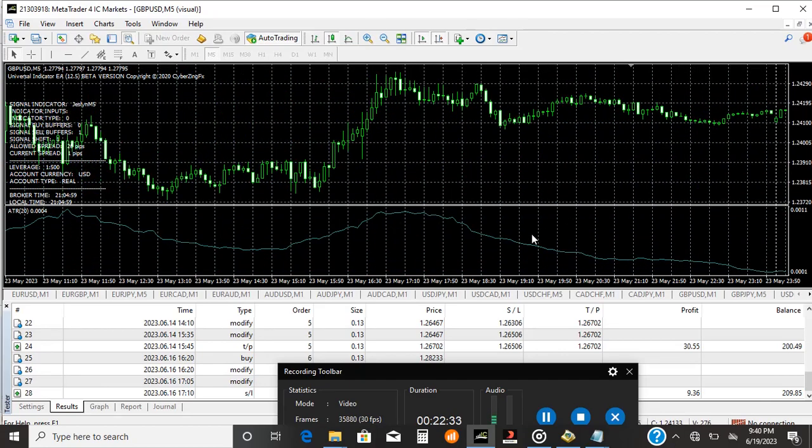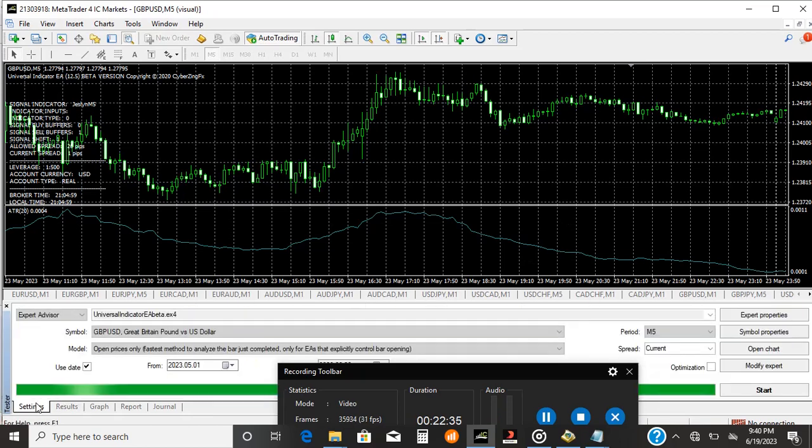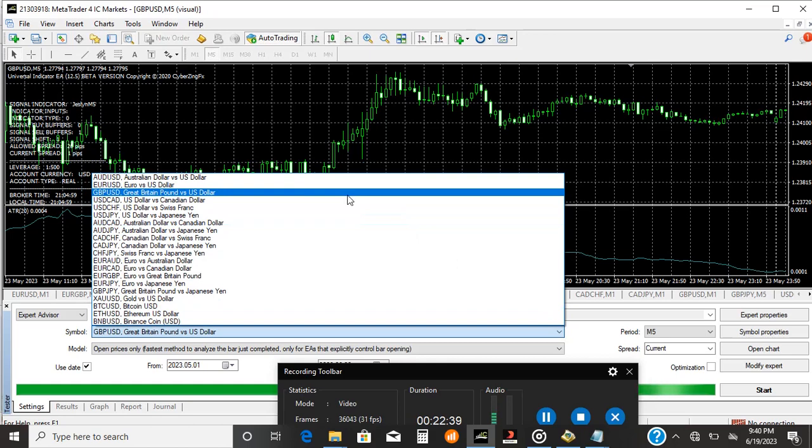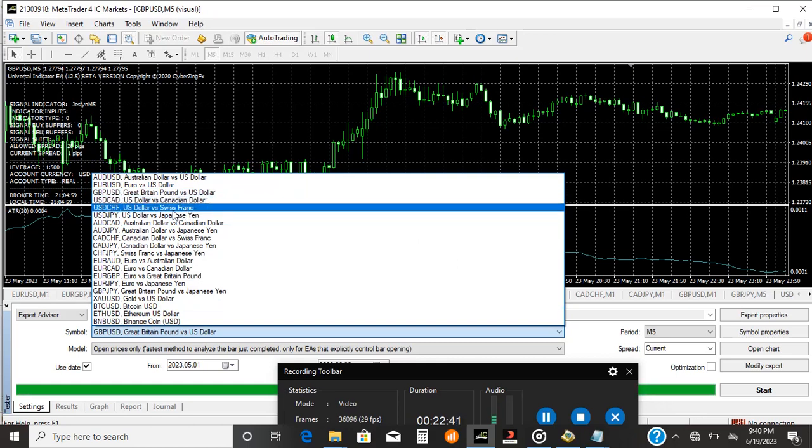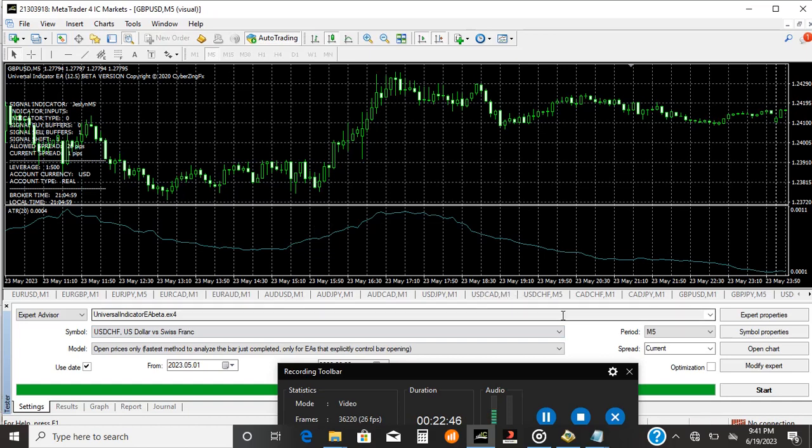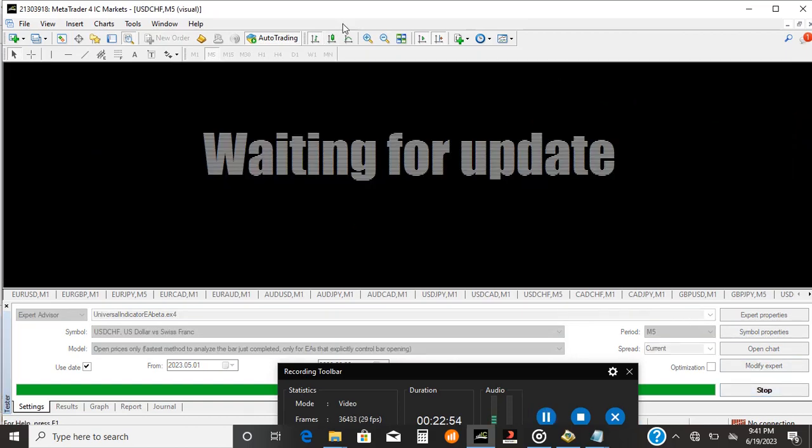Alright, so let's move over to another currency. We are not going to be checking out the card pairs. Right, so we'll start this here.